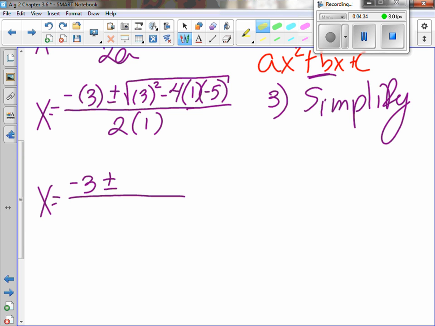Now, what I would do next is everything inside the square root, I wouldn't take the square root of it yet. But everything inside the square root, we can plug straight into a calculator. So 3 squared minus 4 times 1 times negative 5. Plug it in and hit enter.